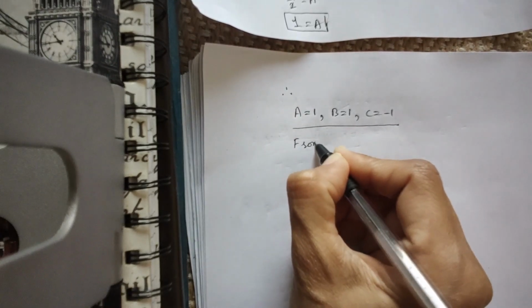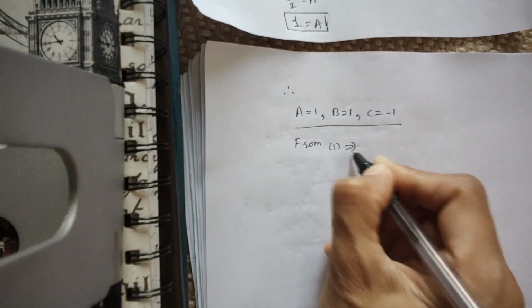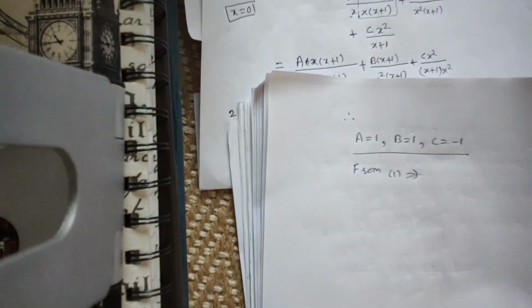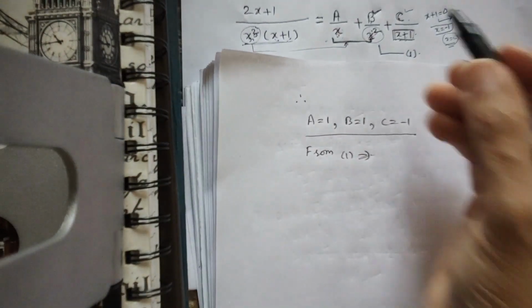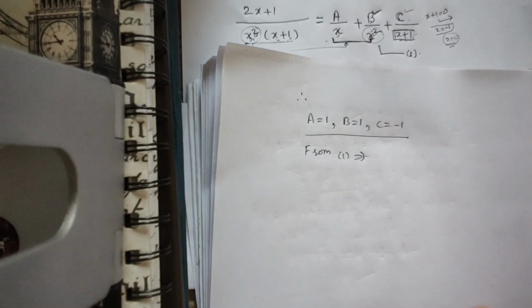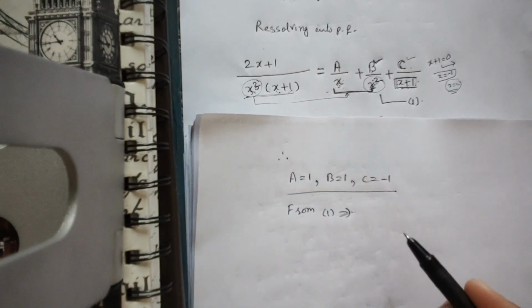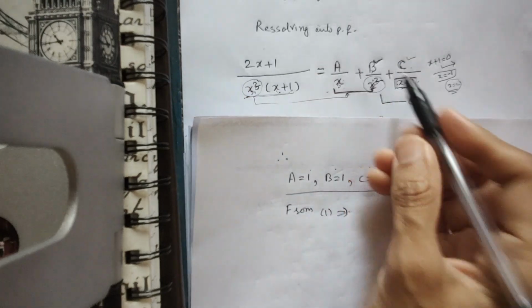And so, from equation 1, I am getting the partial fraction. Where is my equation 1? Here is my equation 1. I am just showing it to you, to be more clear. Now just replace these values of the constants here.